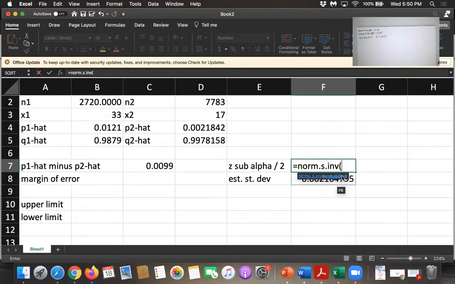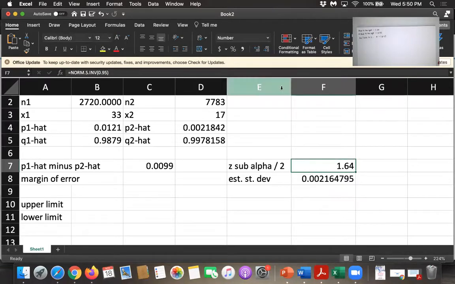If you open the parentheses, Excel will give you the command that it's expecting: a probability. Again, that probability is an area. Probabilities and areas are interchangeable in this class. We want the area to the right to be 0.05, which means the area to the left is 0.95. And we get 1.64. But if we go out to 3 decimal places, we get 1.645, which is the same value that we got when we used table A2.